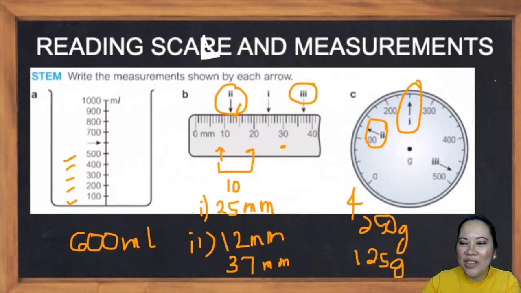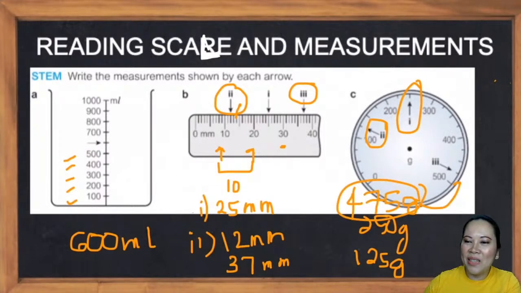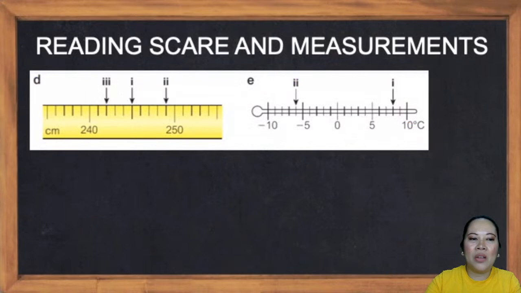It's 475 grams. Okay, yes, that is 475 grams. That is correct, Mahablanca. Well done, well done. Okay, this will be the last. Yes, Sukuna, that's correct. Okay, this will be the last reading, sorry.